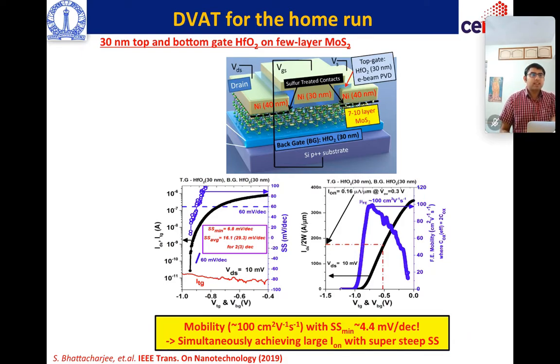These devices demonstrate hysteresis-free steep subthreshold swing with a minimum subthreshold swing of 3.4 and an average of 29.3 millivolt per decade, and a high mobility of 100 centimeters squared per volt second. All of this is achieved at an ultra-scaled drain voltage of 10 millivolts.